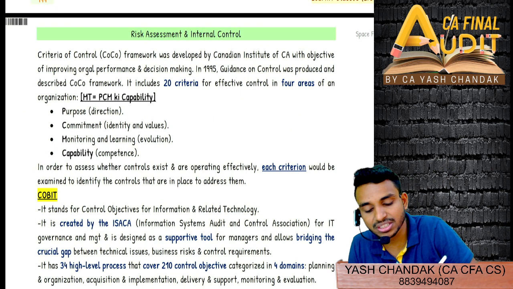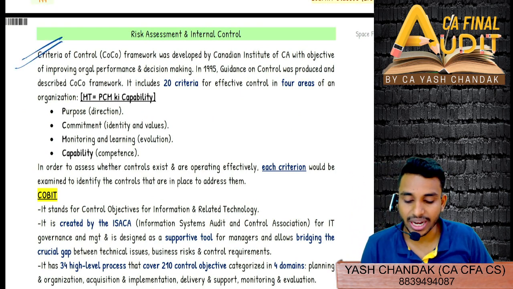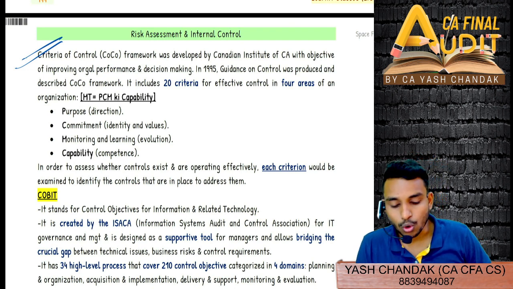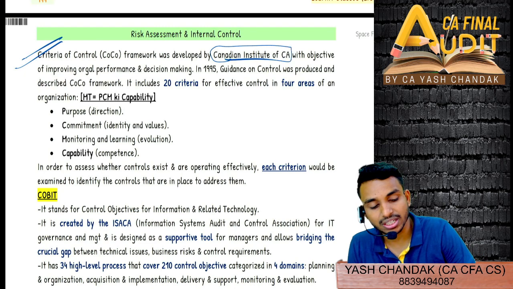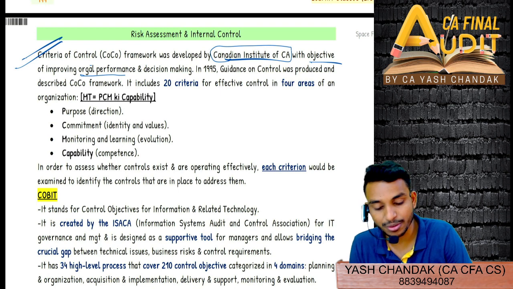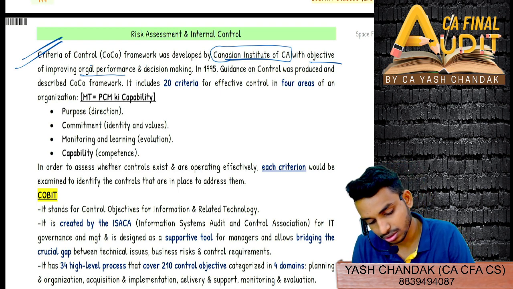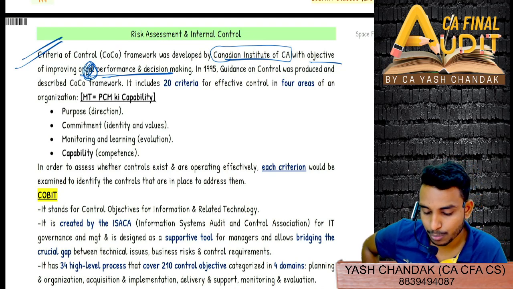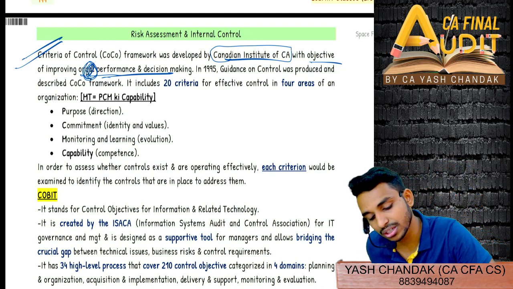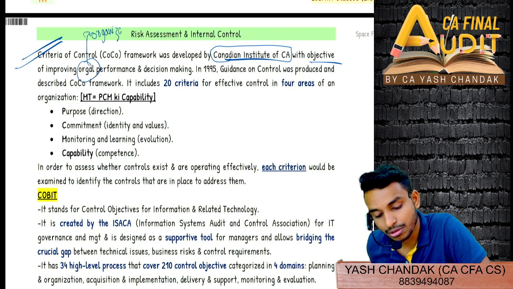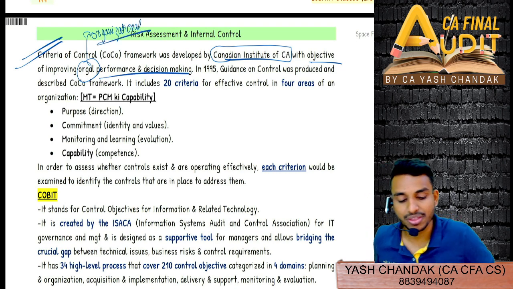Now there is another framework, which is what? COCO, criteria of control. The COCO framework was developed by the Canadian Institute of Chartered Accountants with the objective of improving organizational performance and decision making.